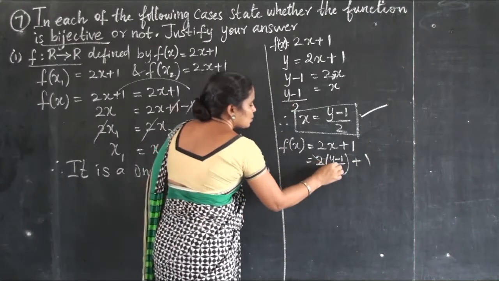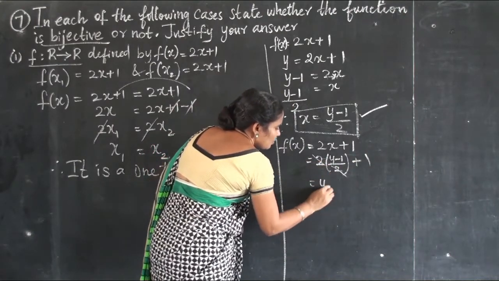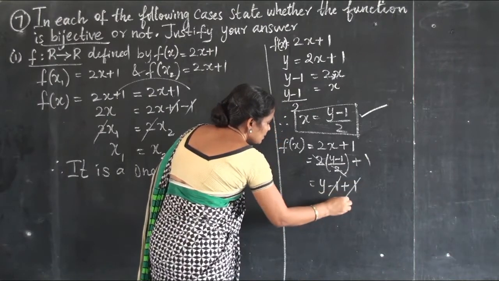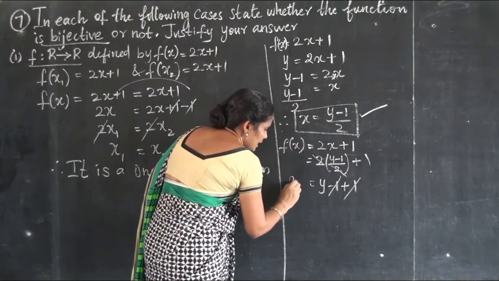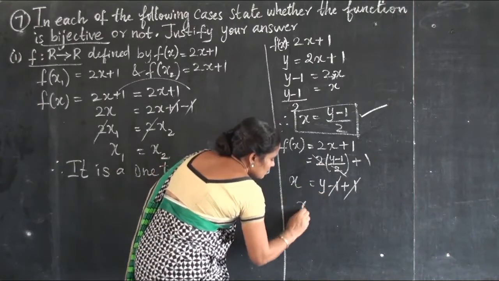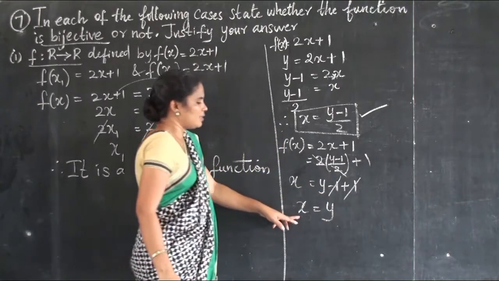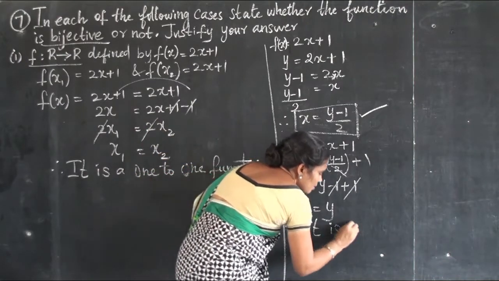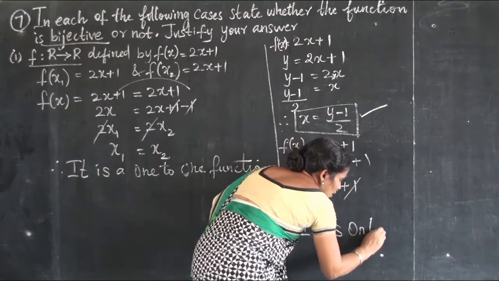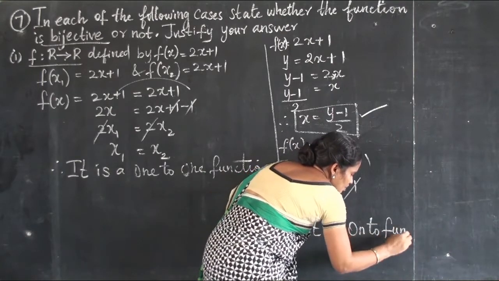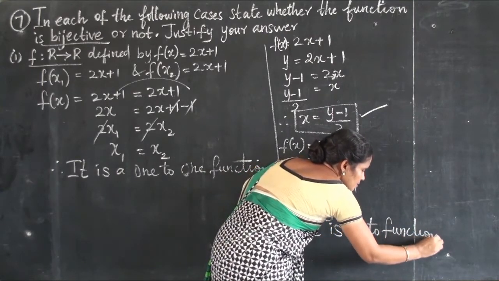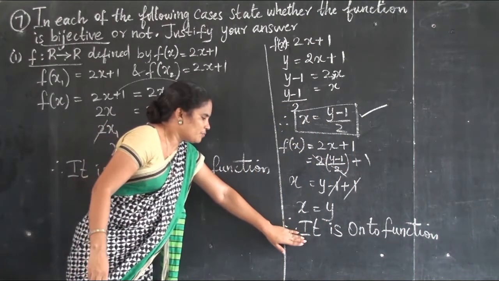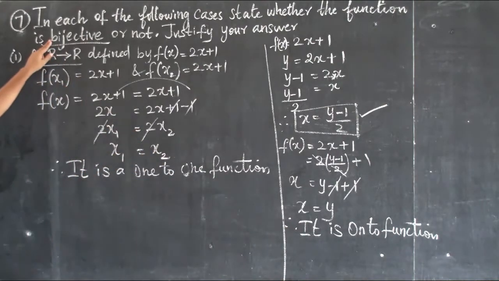Okay, here the 2s cancel, y minus 1 plus 1, plus 1 minus 1. So therefore f of x, that is x, is equal to y. Therefore it is an onto function. When it is a one-to-one function as well as an onto function, we call it a bijective function.